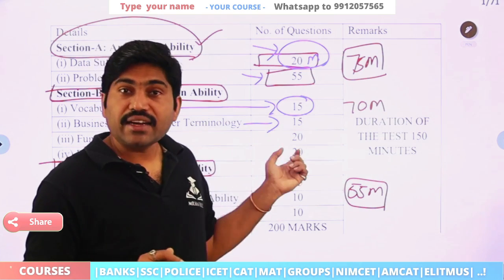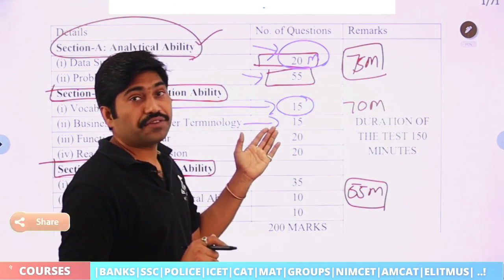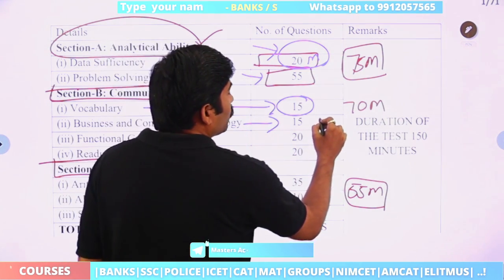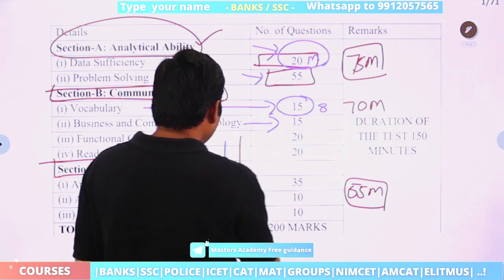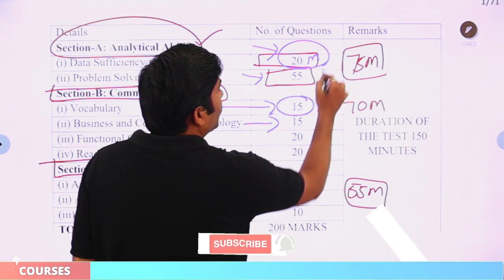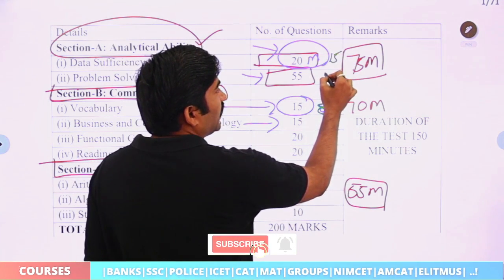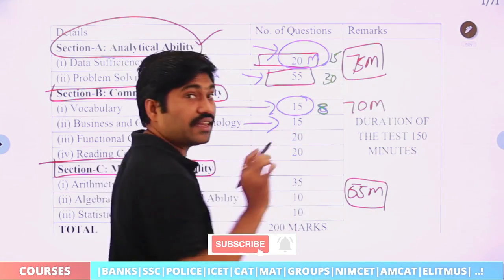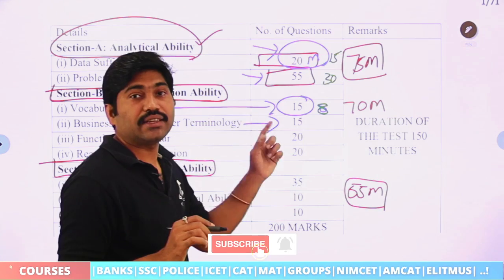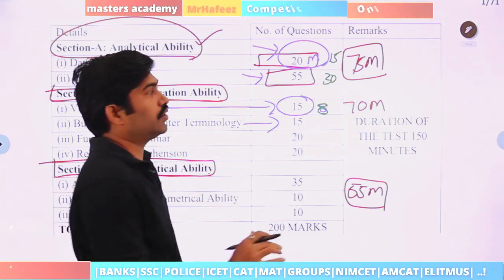In that, it consists of 15 marks, nearly 10 questions, 8 marks. So here 8 marks you can get, here 15 marks you can get, and here 30 you can get. So very easily you can get 30. This is on an average score only, right?